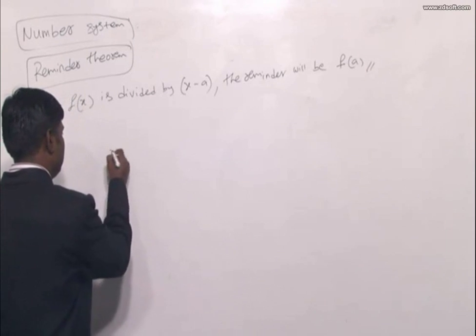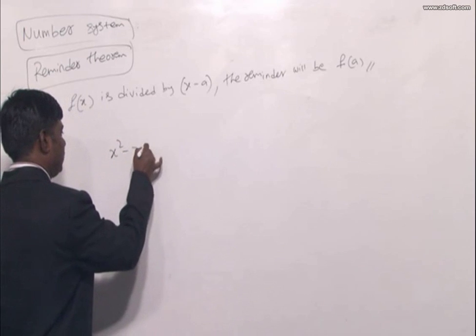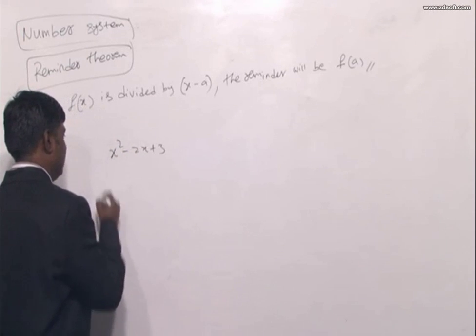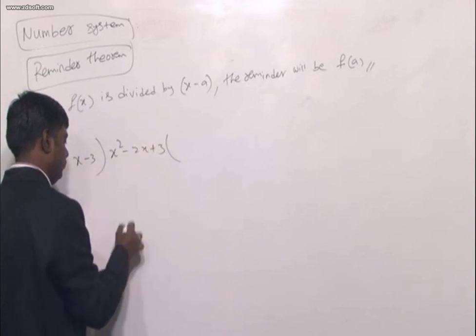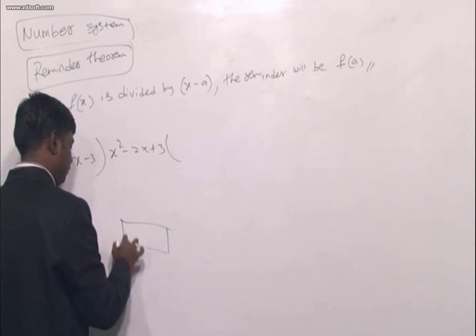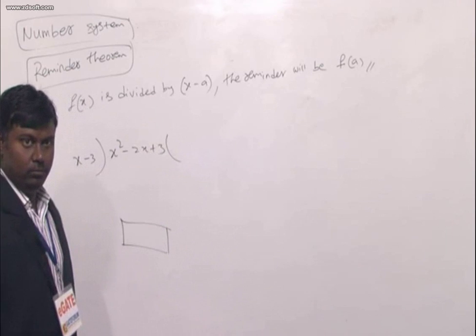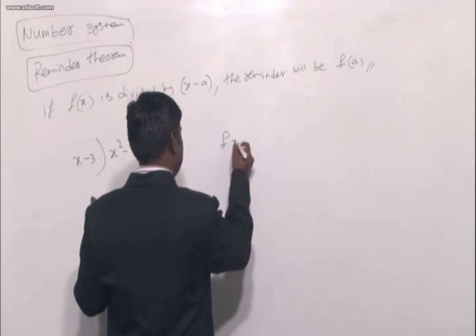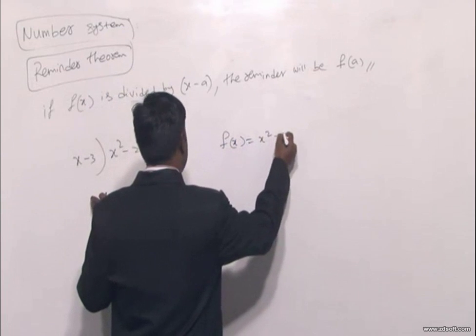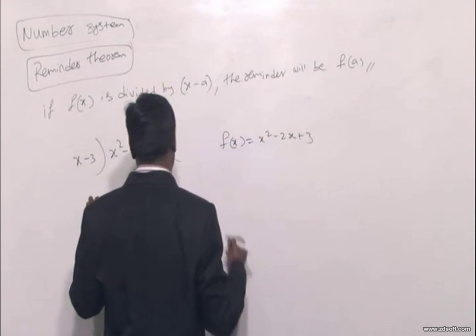Okay. So take x square minus 2x plus 3 divided by x minus 3. You want to know what the remainder is. How do you get that? f of x is equal to x square minus 2x plus 3.